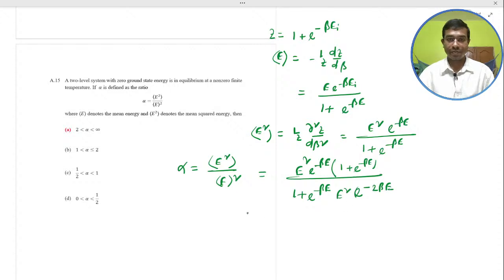Now calculate, and alpha would become 1 plus e to the power beta epsilon. That means the range of alpha is 2 less than alpha less than infinity. Option A is correct.